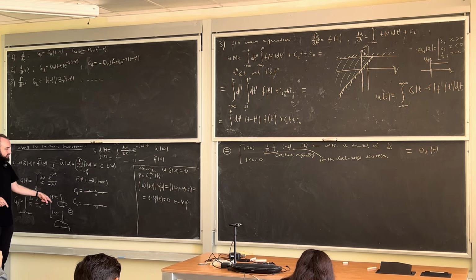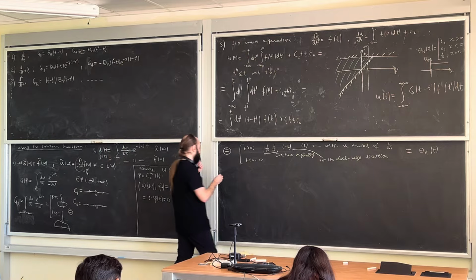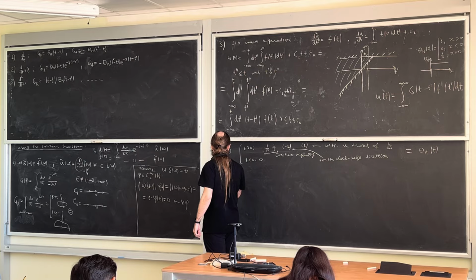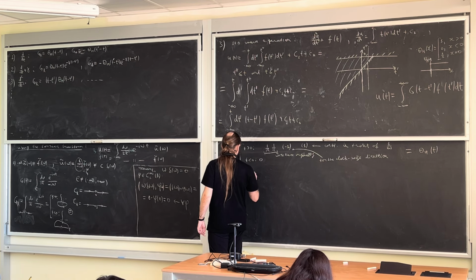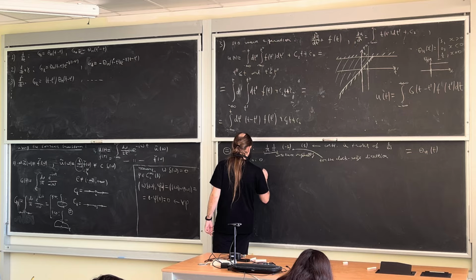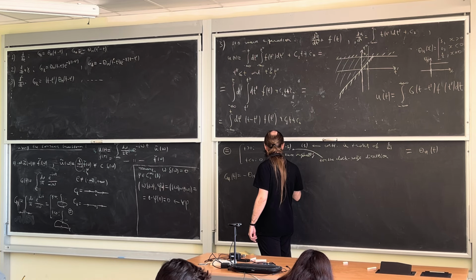And in this case, the integral will go counterclockwise around the pole, so it will change the sign. So we can write that the advanced Green function of t is minus Heaviside theta of minus t.